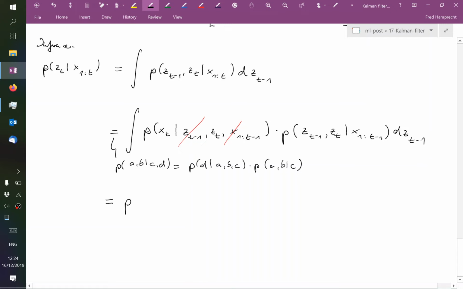So I can simply write probability of x_t given z_t, and that no longer depends on z_{t-1}, which is why I pull it out of the integral. And then inside the integral, we can separate here the probability of z_t given z_{t-1} and the observations up to t-1.